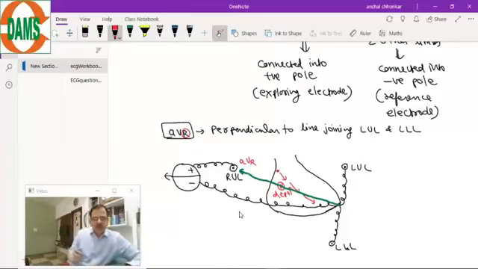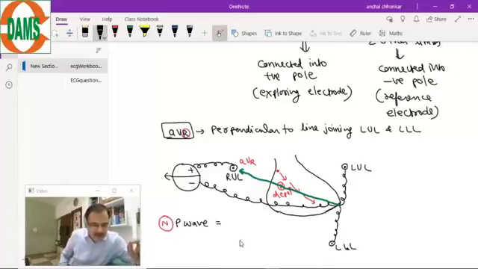So my question to you: normally, will the P wave in AVR be positive or negative? What will be the P wave? No, it will not be positive.